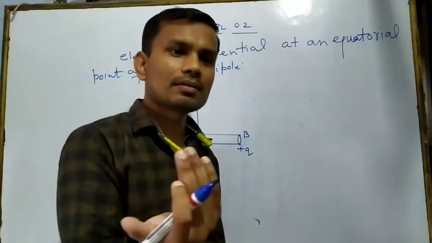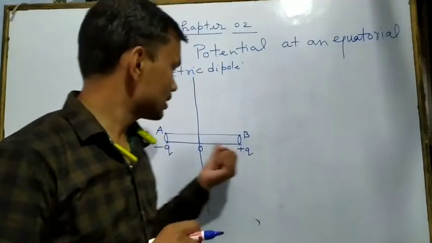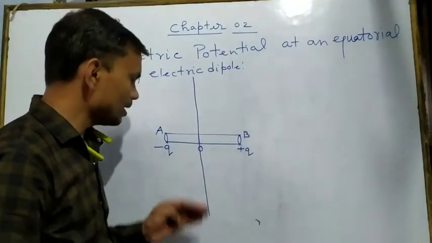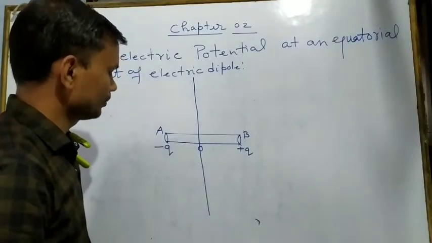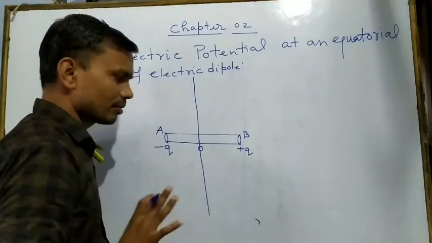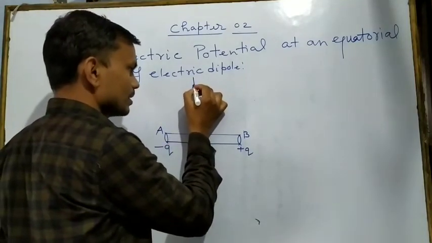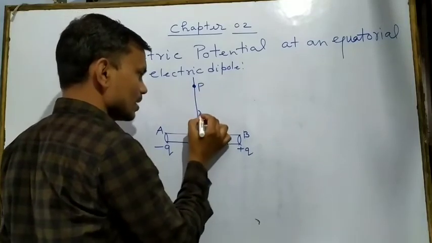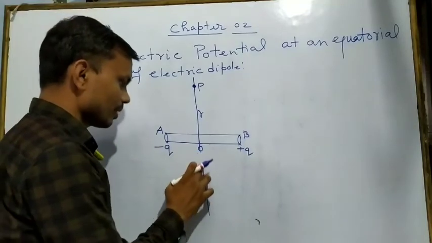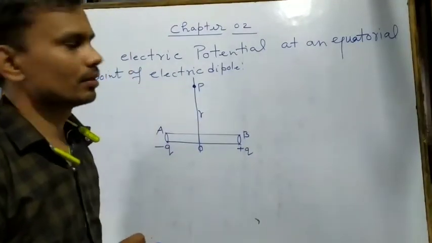Means that equatorial line passes through the center of the electric dipole. So any point you are going to consider, suppose either on this side or on the downside, there is no problem. Suppose here we are going to consider one point P which is r distance from this electric dipole, and at this point we want to calculate the strength of the electrical potential, right?